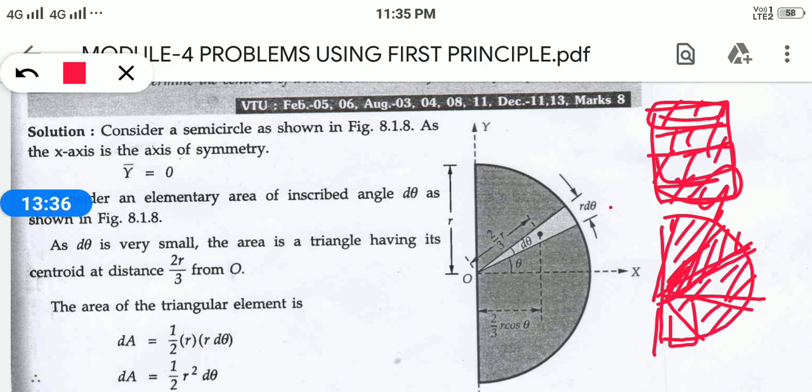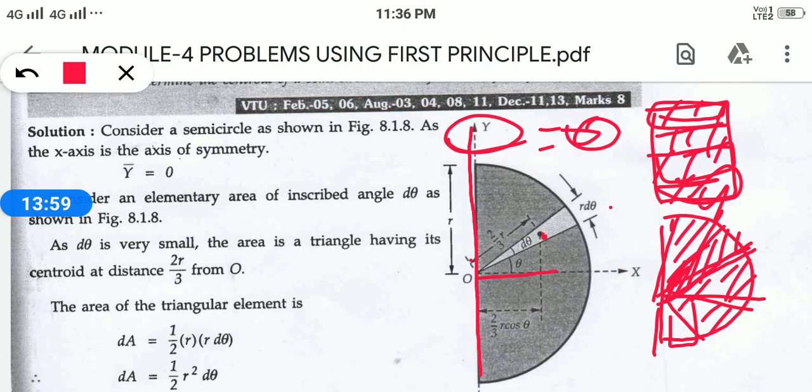This is the constant thing. Since it is a half circle, that is semicircle, your y bar will be equal to 0, because already it is divided into half in your y axis. So your y bar will be equal to 0. Same like you need to find the other things. I am considering my centroid is acting at 2 by 3 of r.